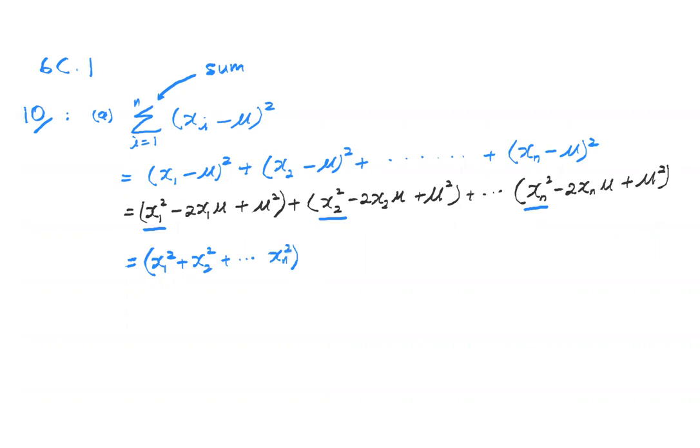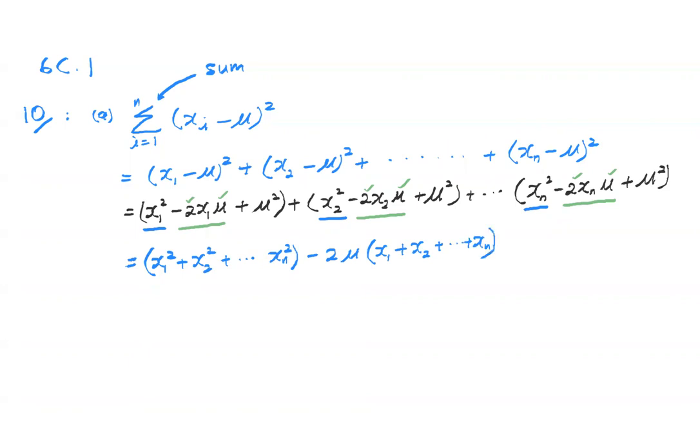The second group has a minus. All of them have a common factor, 2 and mu. So I write negative 2 mu, then the rest are different: x1 plus x2 plus dot, dot, dot, the last one plus xn.